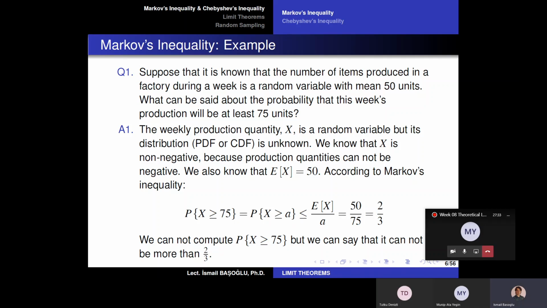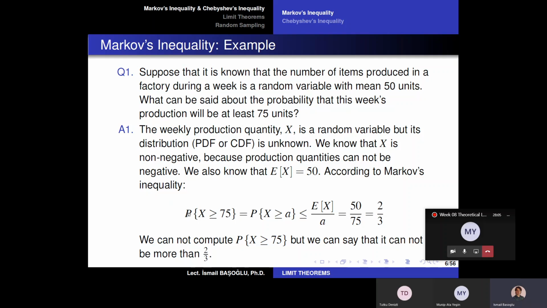But what I know is the number of products manufactured during a week is a non-negative random variable. So if we say x, the production quantity per week, is a random variable, x is a non-negative random variable. I mean, you cannot manufacture negative units, right? And the expected value of x is also known to be equal to 50. So I can use Markov's inequality because I have enough information.